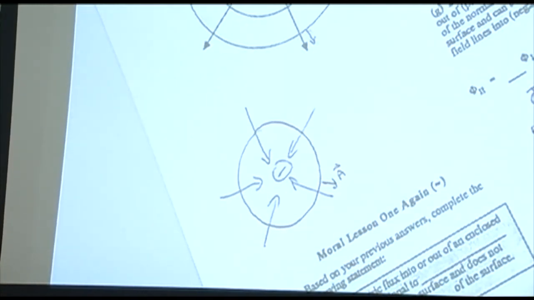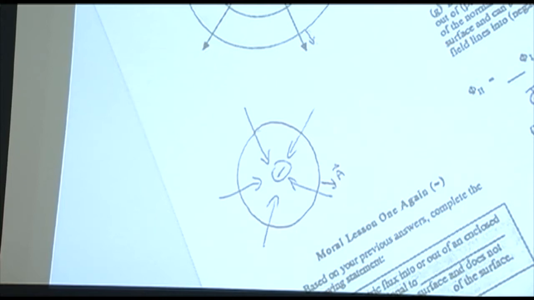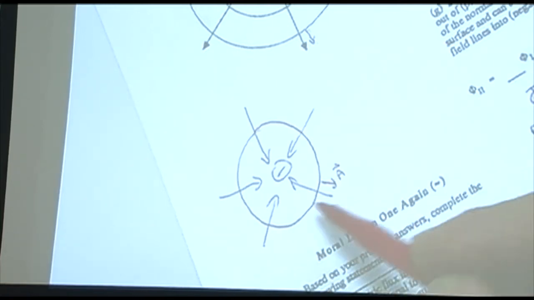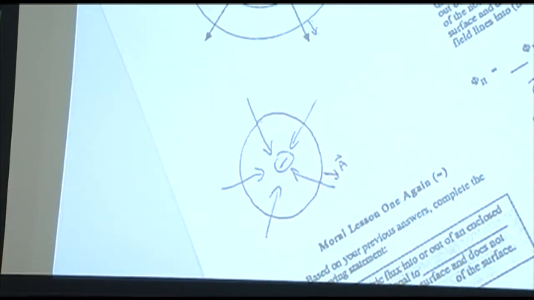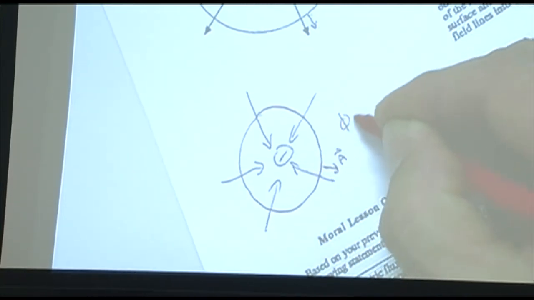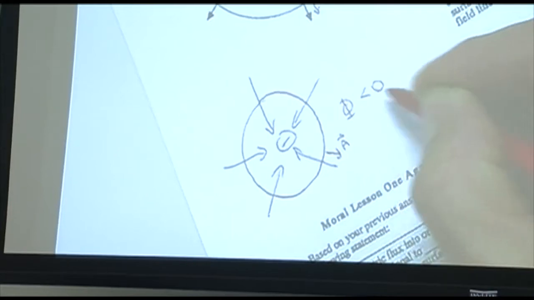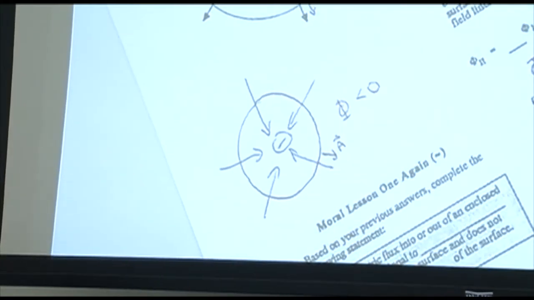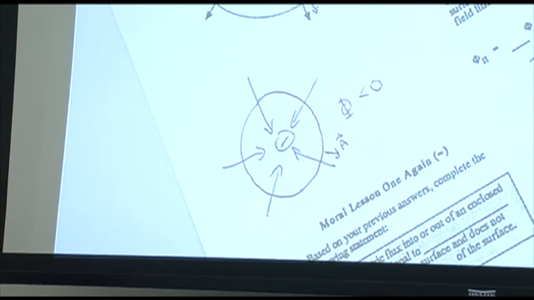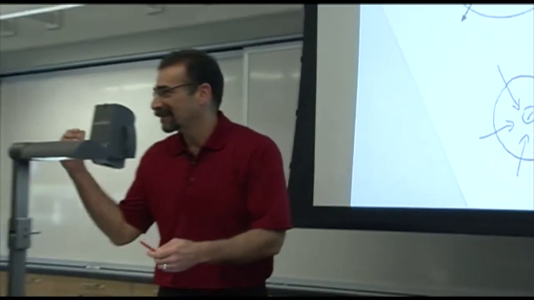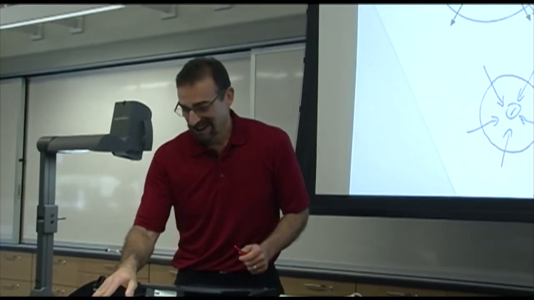It always points out from the volume that's enclosed by my shape. In this case, it's a sphere. And my electric field points in, so I've got a cosine of 180 degrees there. So in this case, my flux is going to be less than 0 because of that cosine 180. Okay? We had to pick one direction to be positive. We said out's positive.